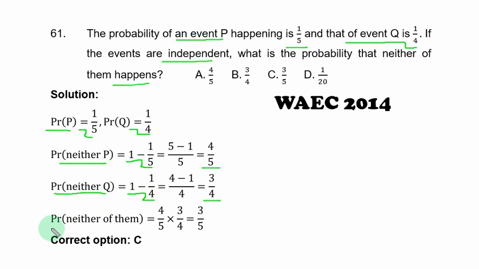Then probability neither of them will happen is 4 over 5 for P not happening times 3 over 4 for Q not happening. When you simplify, you have 3 over 5. The correct option is C.